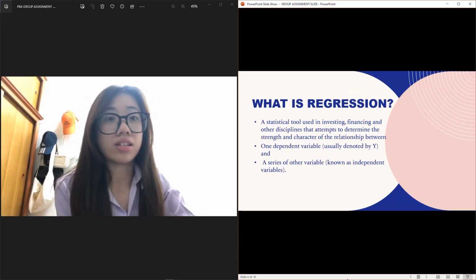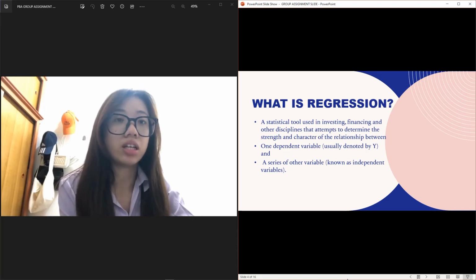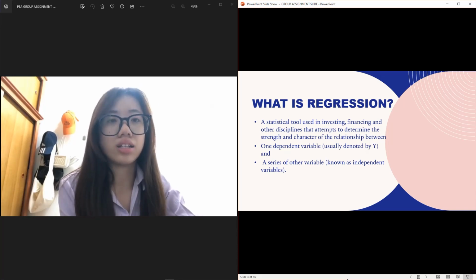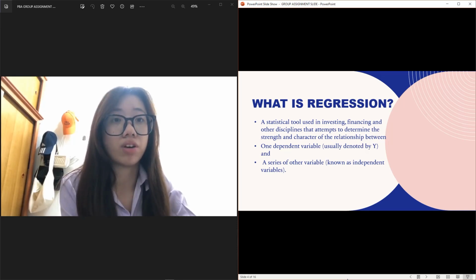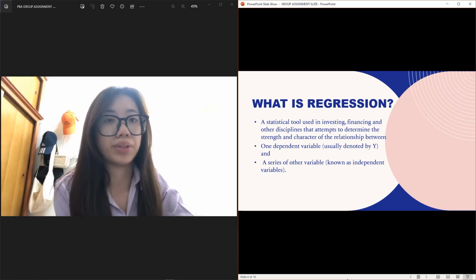Regression is a statistical tool used in investing, finance, and other disciplines that attempts to determine the strength and character of the relationship between one dependent variable and a series of other variables, which are the independent variables.